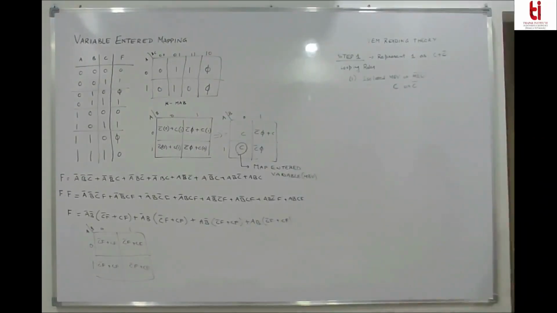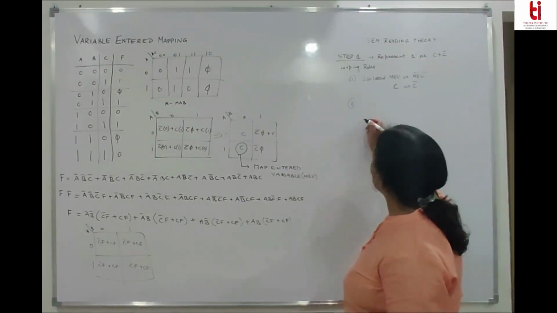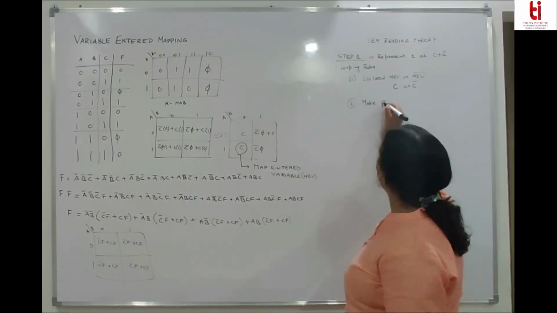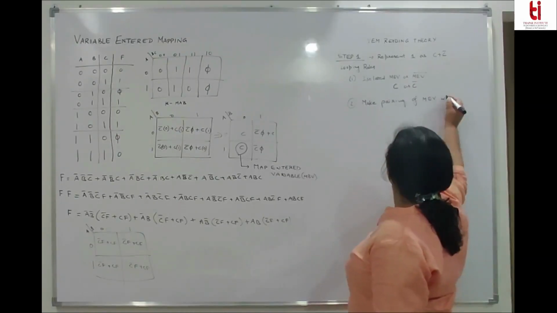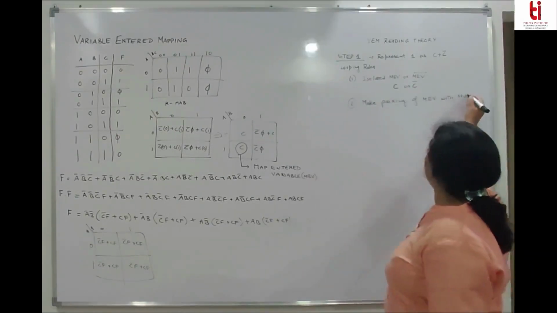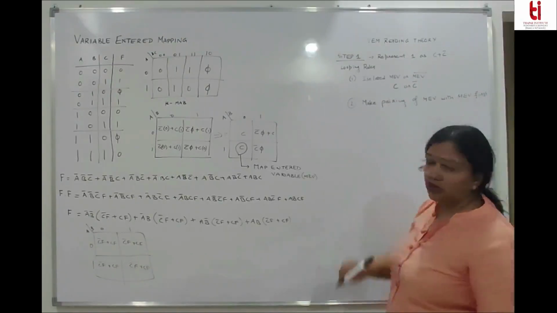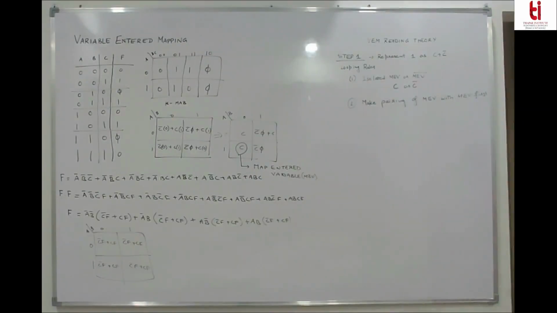Are they isolated? First thing. Second is make pairing of map entered variables with map entered variables first. You can make a pair of MEV with MEV first.